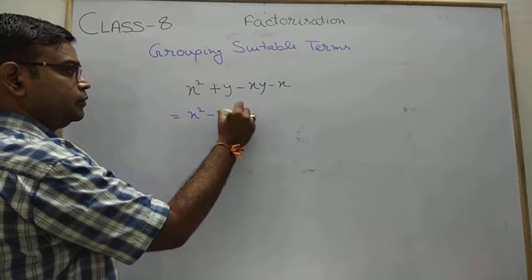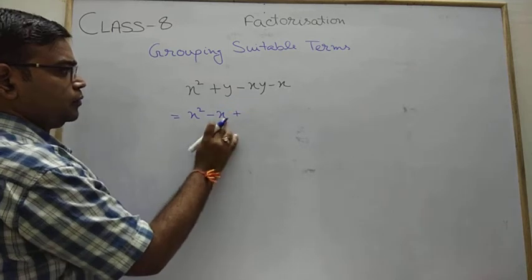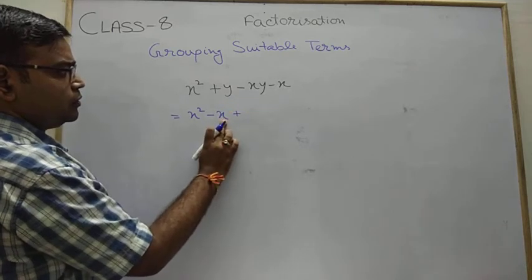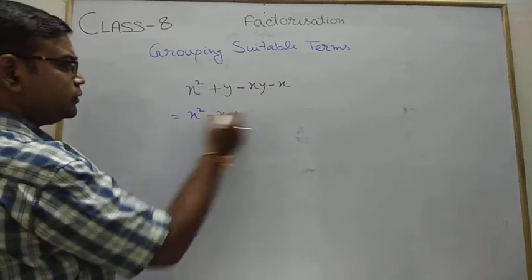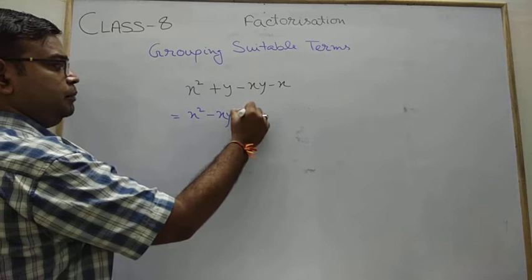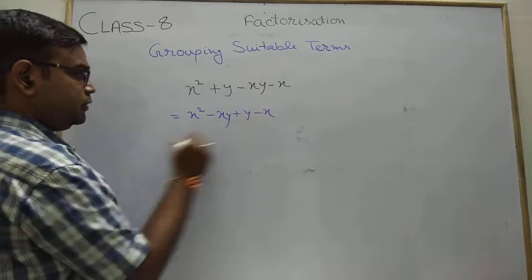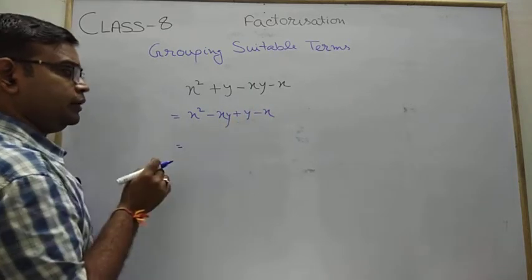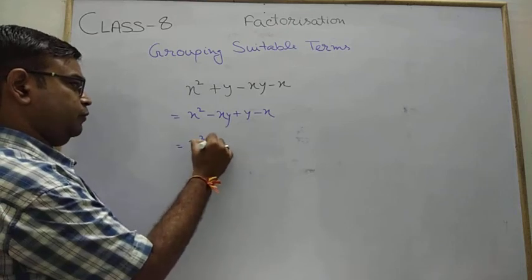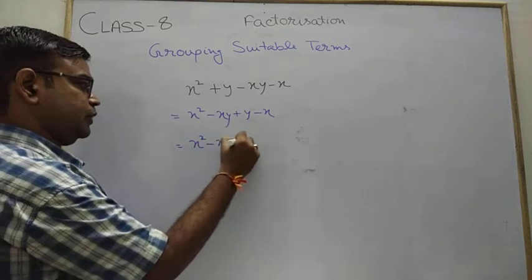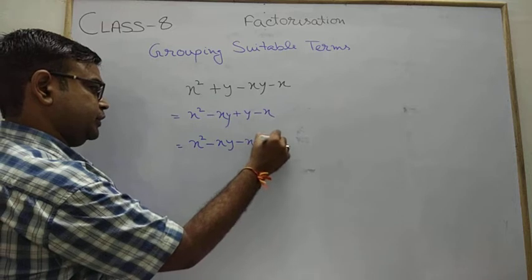Then we have to shift this minus xy to this side. Then plus y minus x. Still we are unable to find the perfect factor, so we have to arrange in the proper way. Minus x plus y.